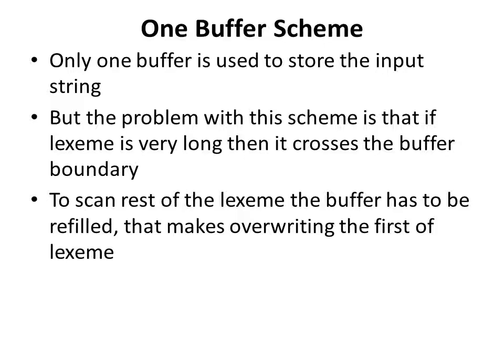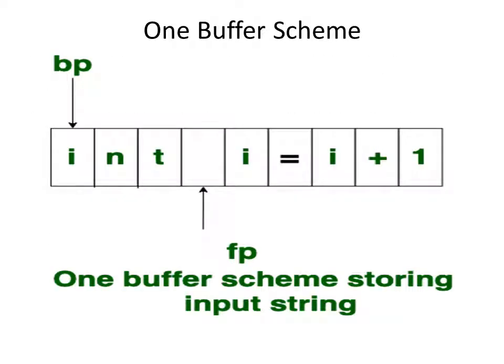So still the problem exists. In this case, what can we do? To scan the rest of the token, the buffer has to be refilled. That overwrites the first lexeme, so confusion will come. See this one buffer scheme: int i equal to i plus 1. Here overwriting happened.